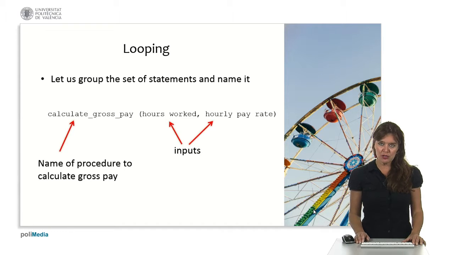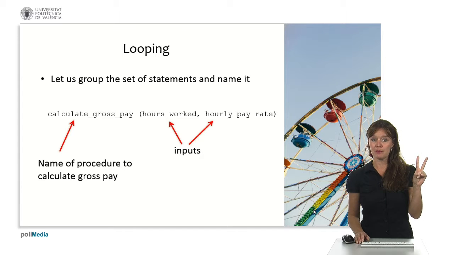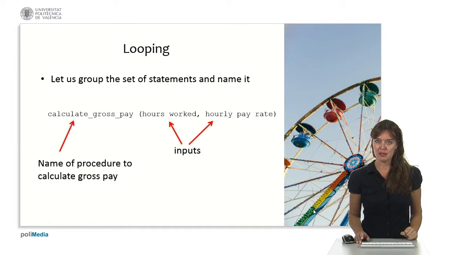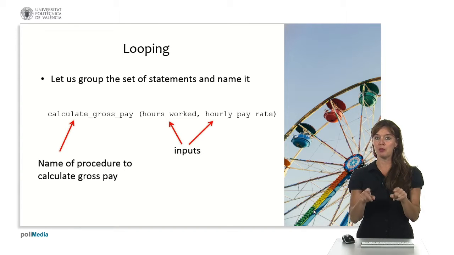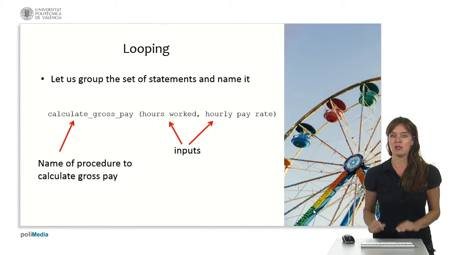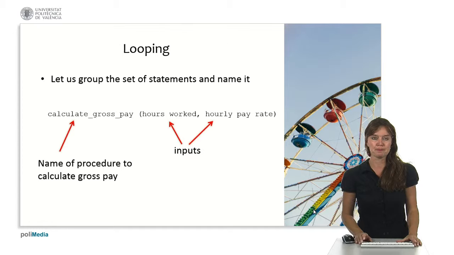So we make a procedure that we call calculate gross pay that gets two inputs. One is the hours worked and the other is the hourly pay rate. And now if we call this procedure with these two inputs, what it does is multiply them together and store the result in a variable that's called gross pay.